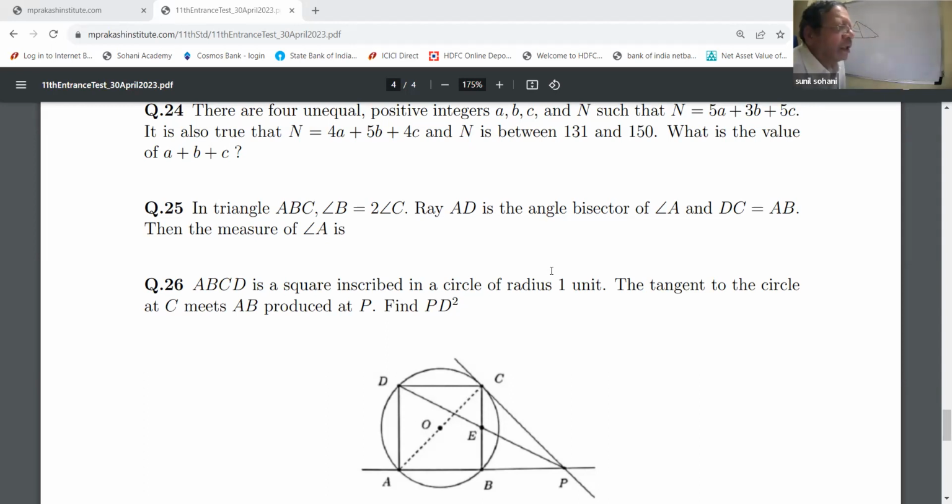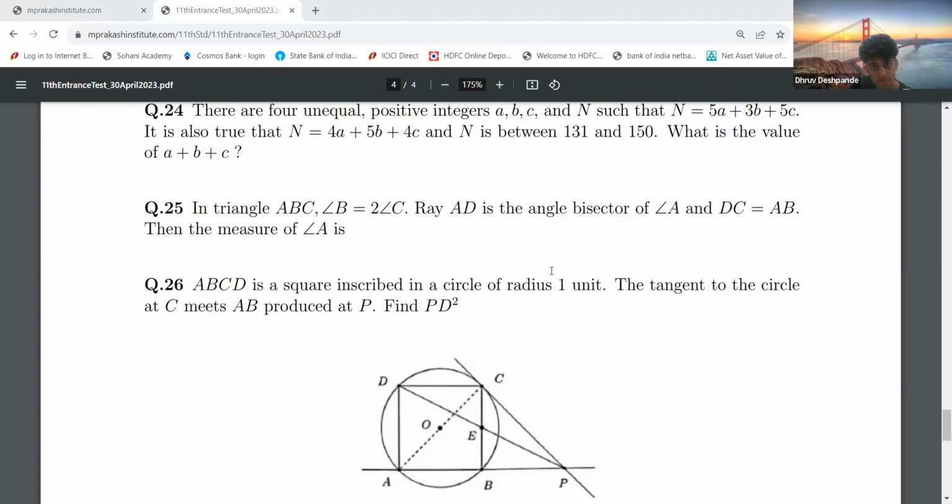So the question: angle B is twice angle C. So I say ABC is a triangle. I call angle C as x, and as per the question, this angle is 2x. Now what I have done in my picture was this. What is the question?